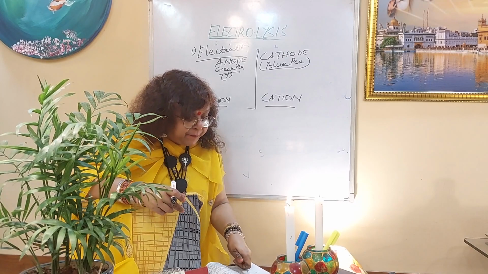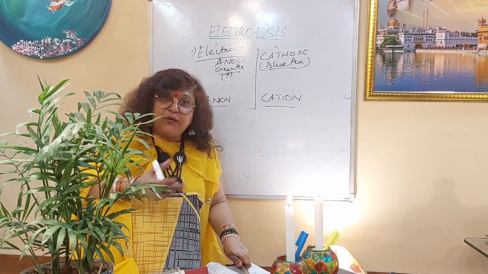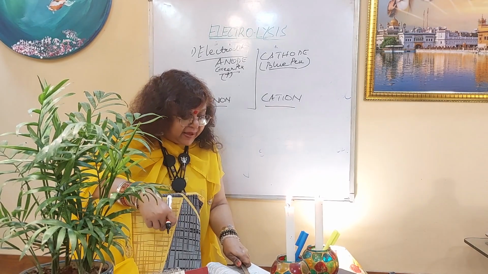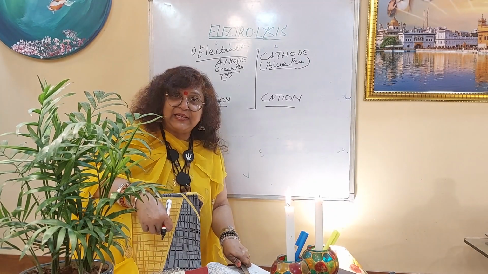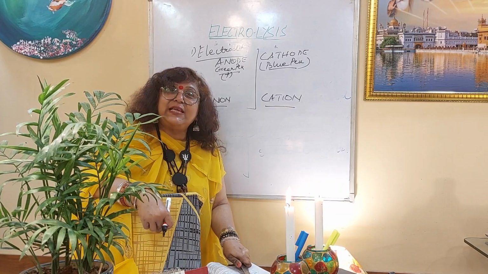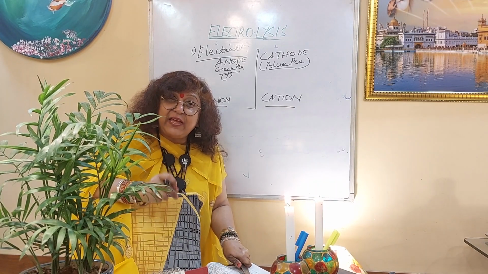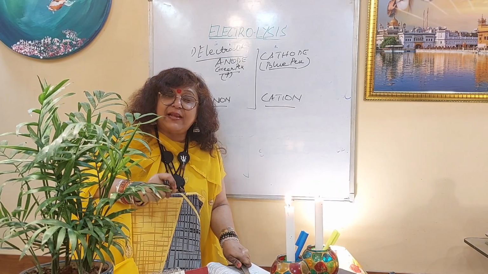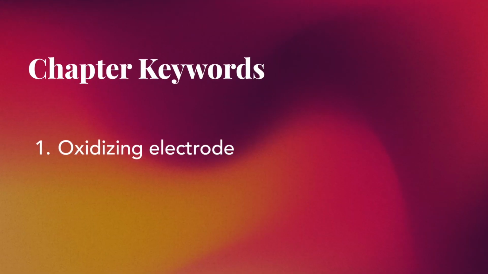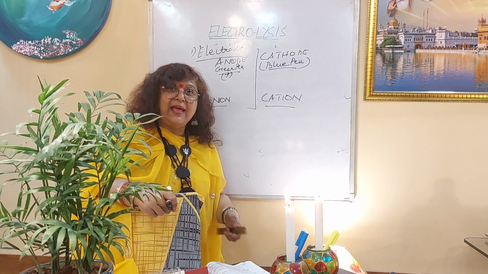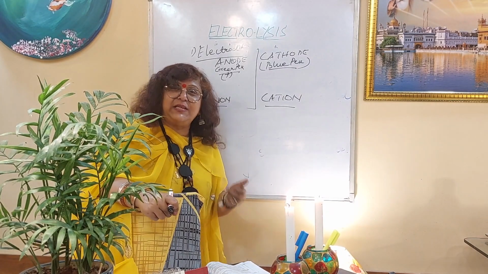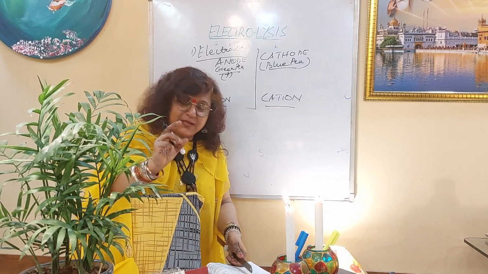Next, after the anions go to the anode, they donate their electrons there at the anode and they get oxidized. So this anode is the oxidizing electrode. Anode is the key word here: anode is the oxidizing electrode. The non-metals usually go there and donate their electrons and become oxidized.